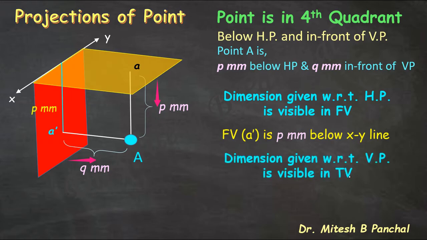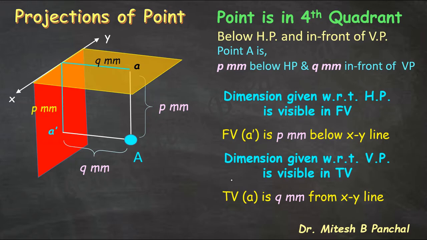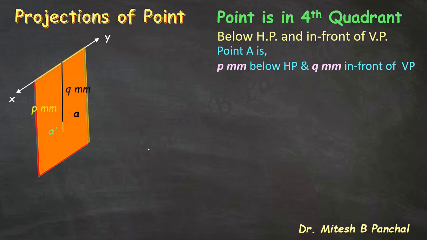Dimensions with respect to VP are visible in the top view, so the top view, that is a, is Q mm from XY line. Again we have to consider the position of VP as it is, and we have to rotate HP by 90 degrees in the clockwise direction. So we will get the projections of point A, that is A dash and a, both below XY, right? So the final answer we can obtain like this.